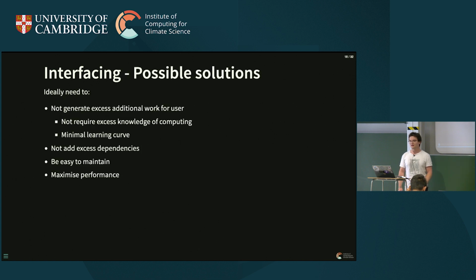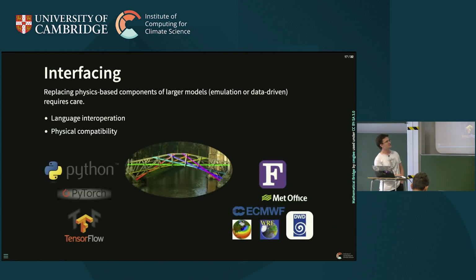So I would say what we really want is something to bridge this gap that's not generating additional work or additional training time for the user. You don't need a deep understanding of computer hardware, what's happening below the language. You don't want to add excess dependencies to your project if you can. A lot of these models are national systems, quite tightly governed.